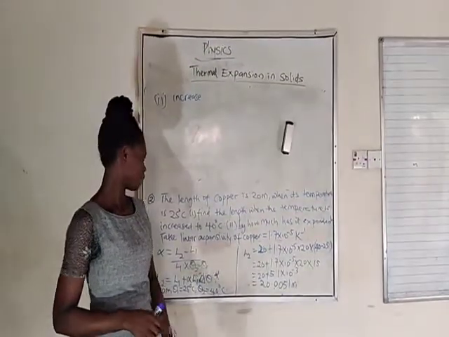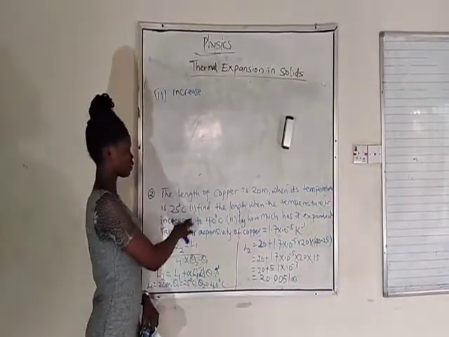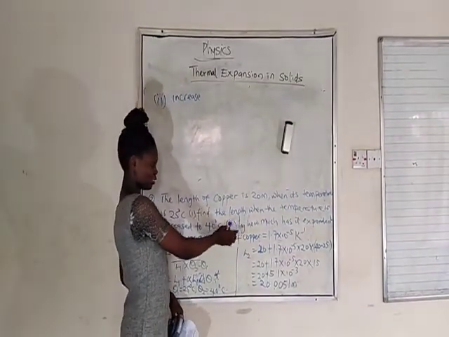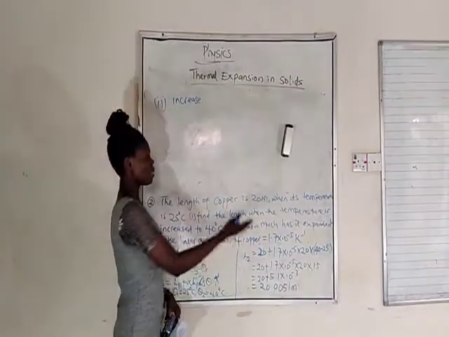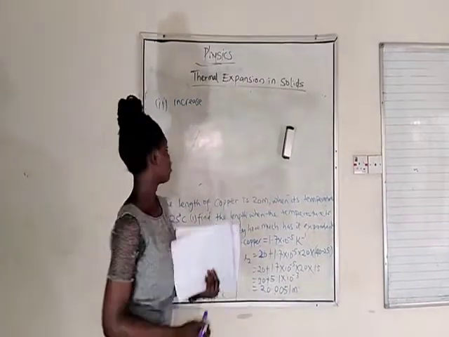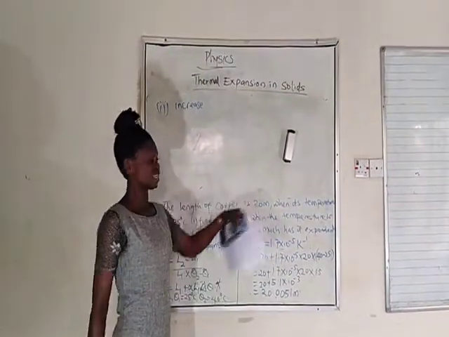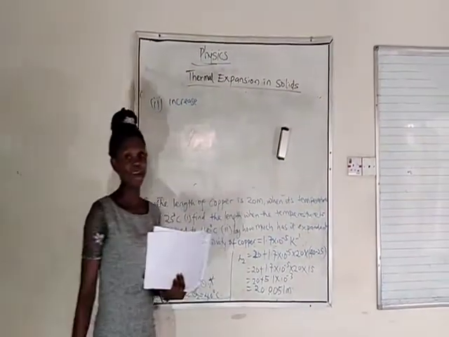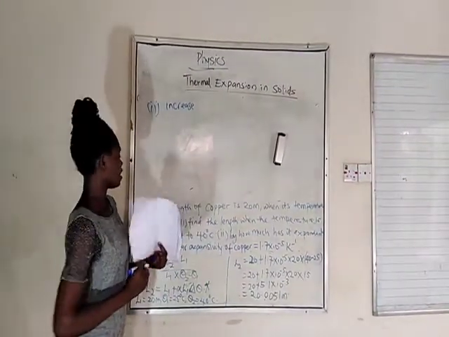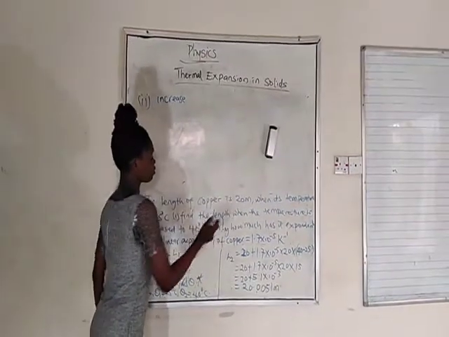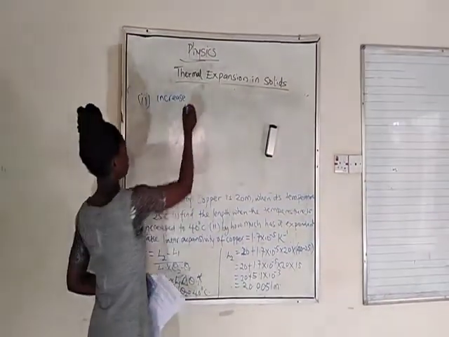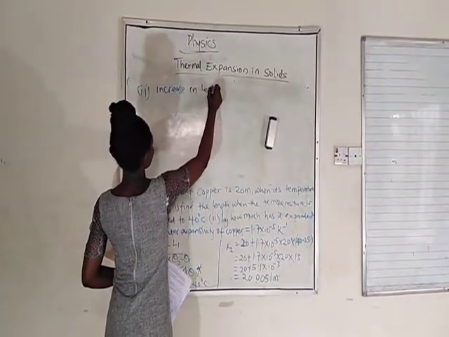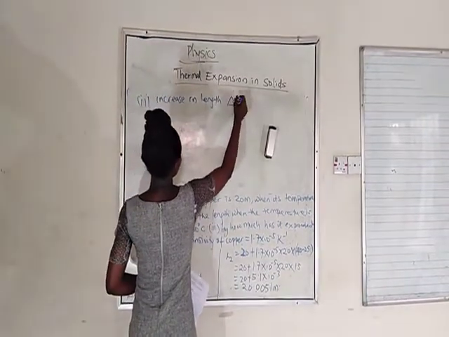Okay. So having finished our first question, we are going right away to the second question, which says, by how much has it expanded? The original length was what? 20 meters, while the new length is now 20.0051 meters. So for us to find how much it has expanded, we find the increase in length, which we denote by what?